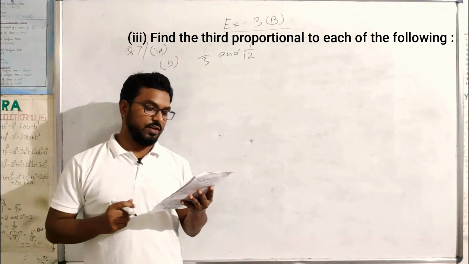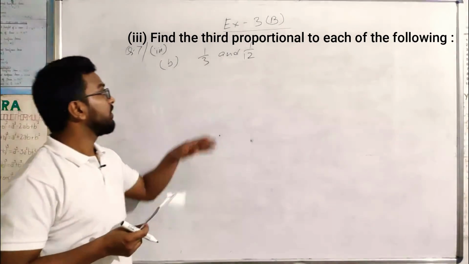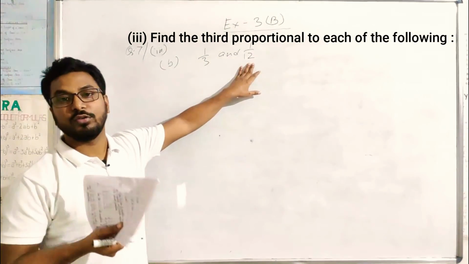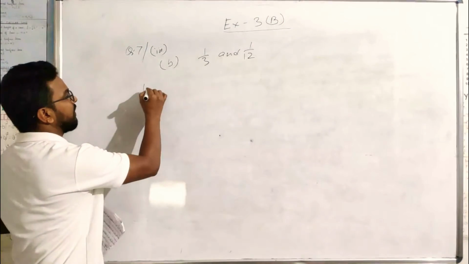So our next question is, find the third proportion to each of the following. Third proportion. So only two terms are given. We don't know what the third term is, so we'll take it as x.